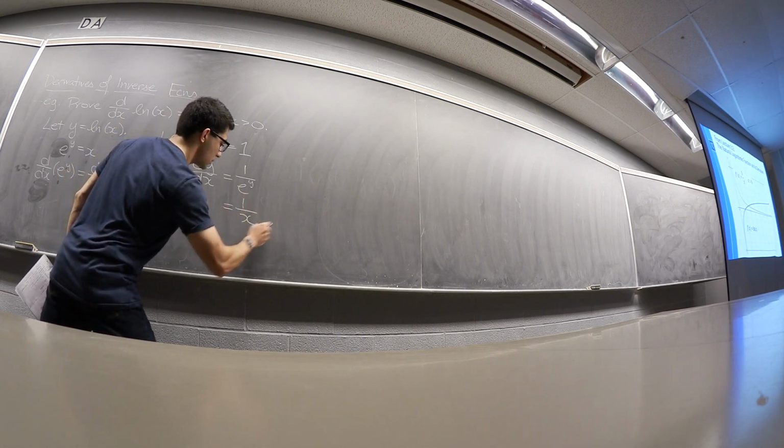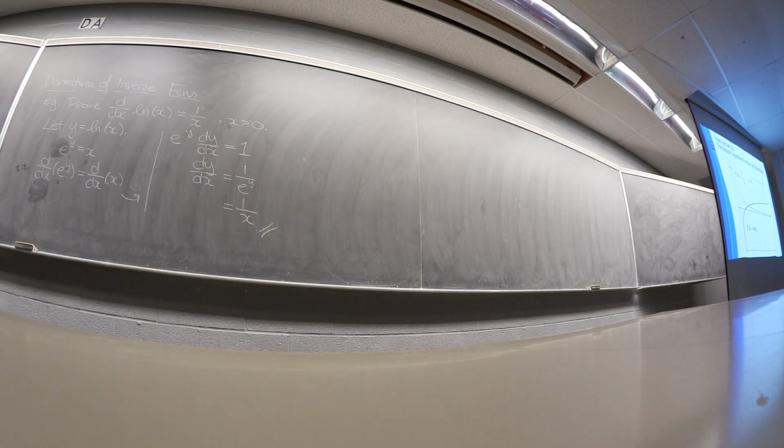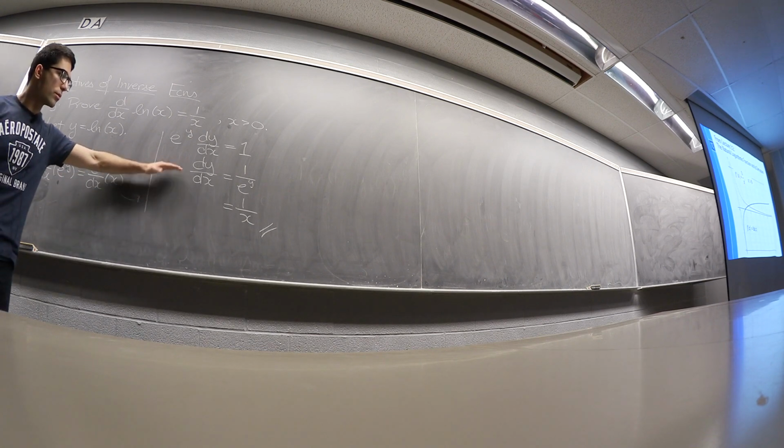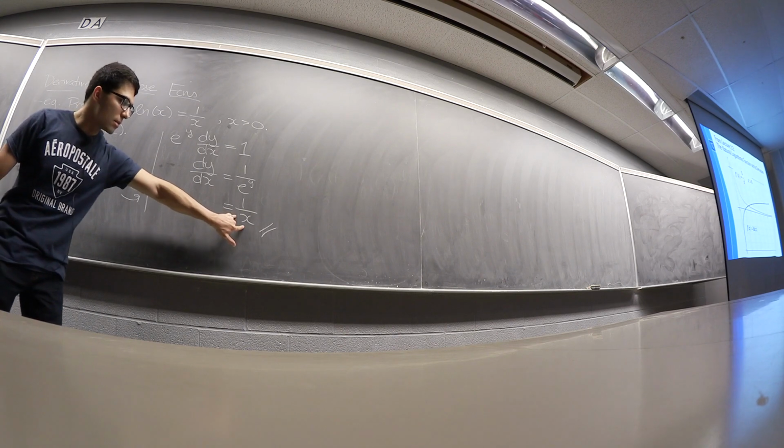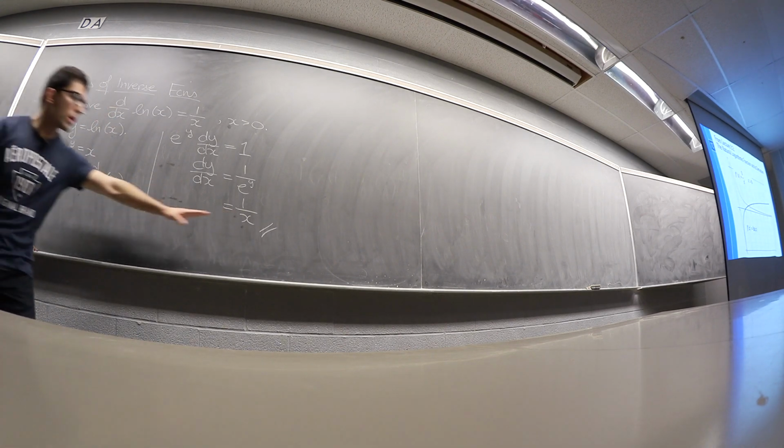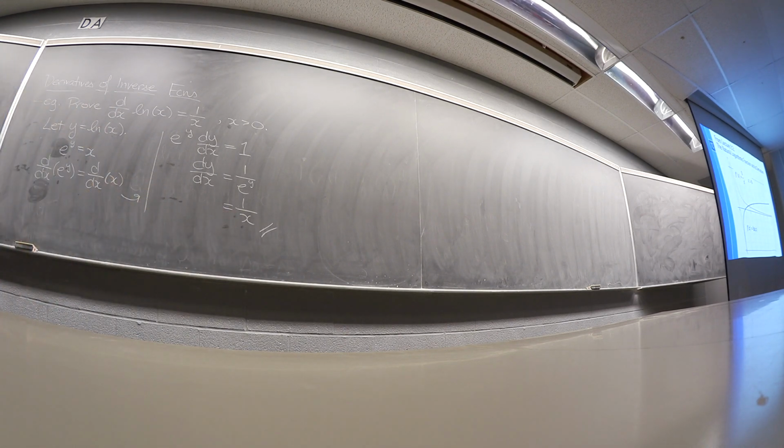And we're done. So we took the relation we had, rewrote it, did implicit differentiation, solved for the derivative, and subbed back from here so that we got an answer in terms of x. Cute, short. Good? Okay, no questions?